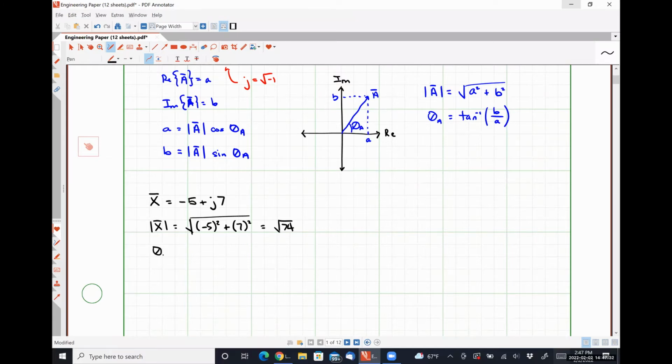Angle theta x is the inverse tangent of b over a. So the imaginary part is +7. The real part is -5. Let's do this operation real quick. Inverse tangent, 7 over -5.